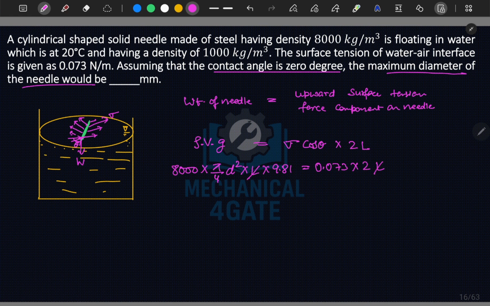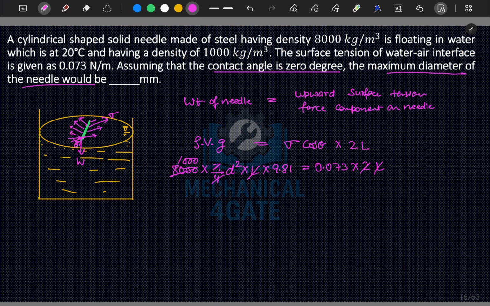So from here we can cancel this out; 2 and 4 become 8, and this will become 1000. Let's solve: 0.073 divided by 9.81, divided by pi, that is 3.142, divided by 1000.